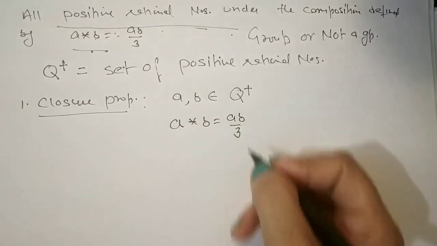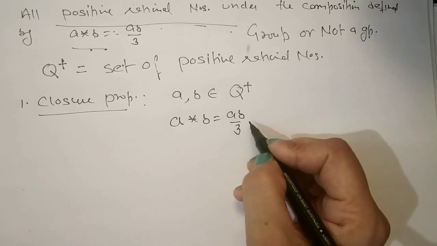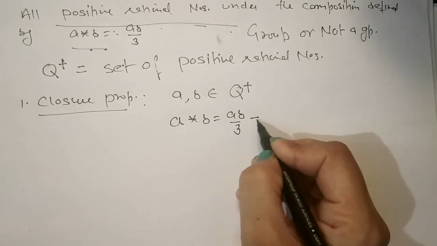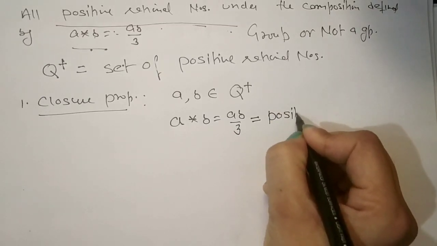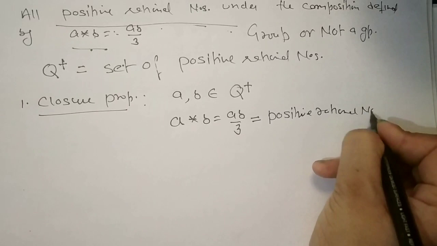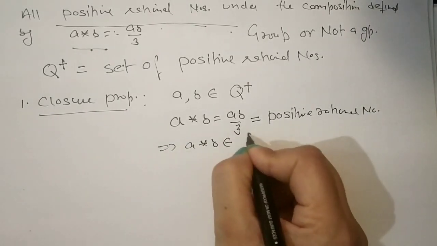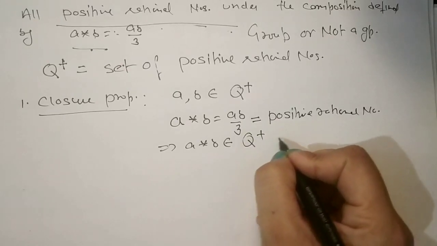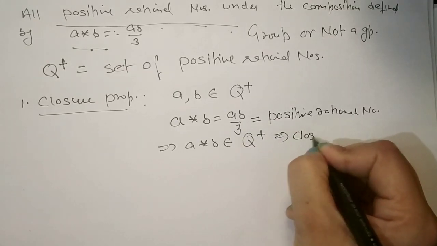If these two are positive rational numbers, their product is also positive, and if the product is divided by 3, the answer is also a positive rational number, which implies A star B also belongs to Q plus, which implies the closure property holds.